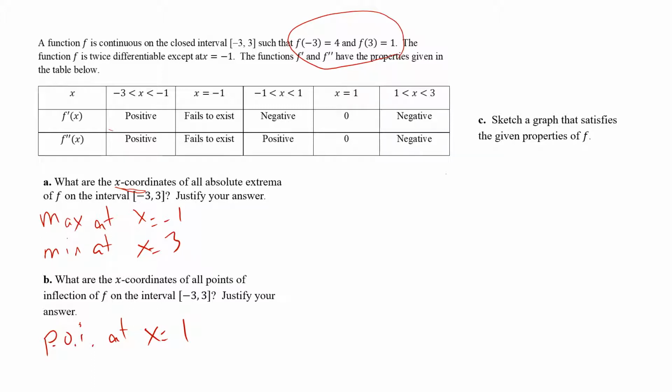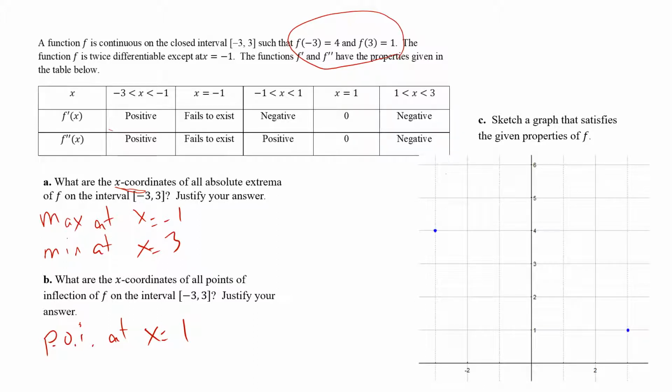It's always nice to have starting points. If you don't have distinct endpoints, you just have to make something up for where they might be. But if you have distinct endpoints, put those in. Start with those. And then the second thing I would do is I would put faint dotted lines at those critical points.